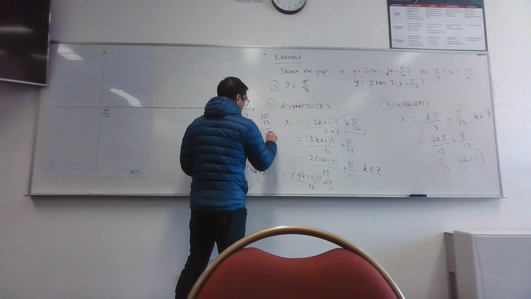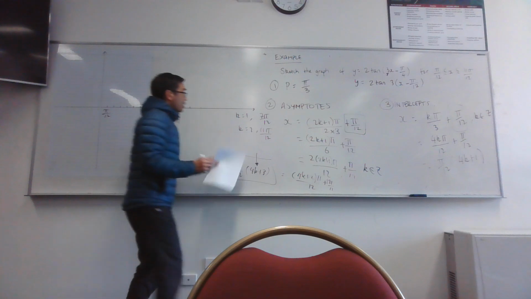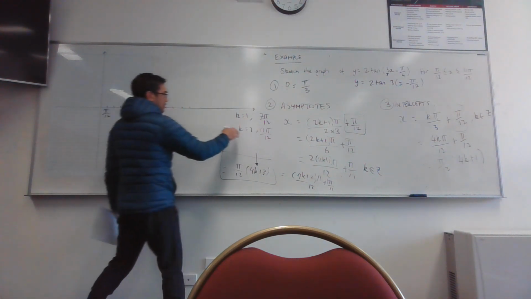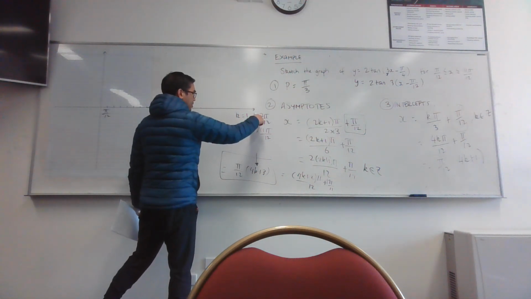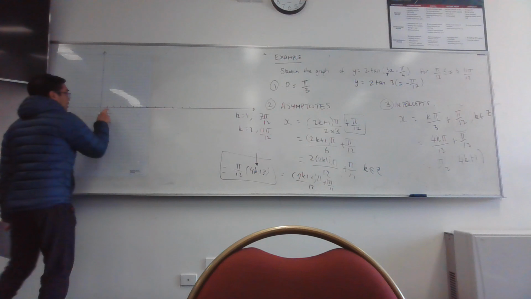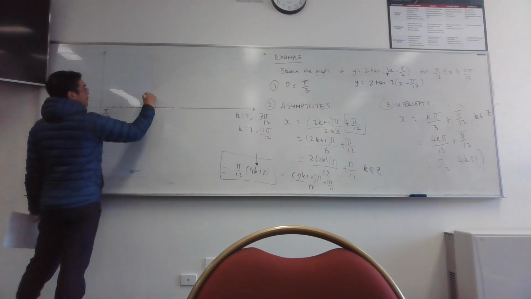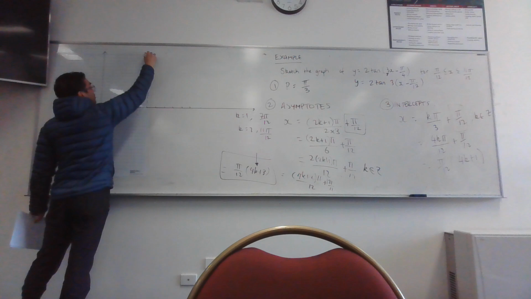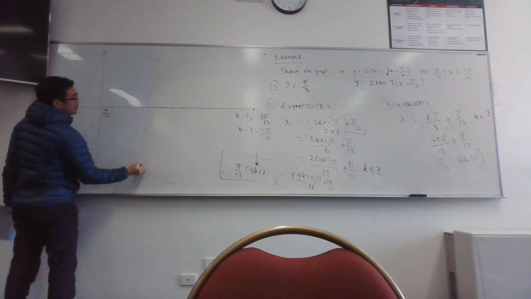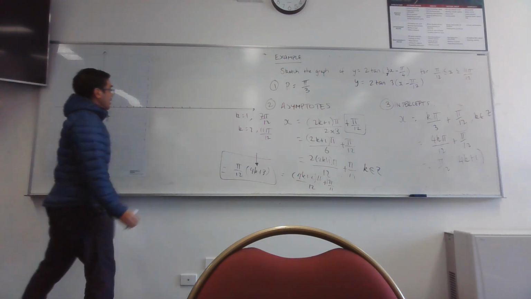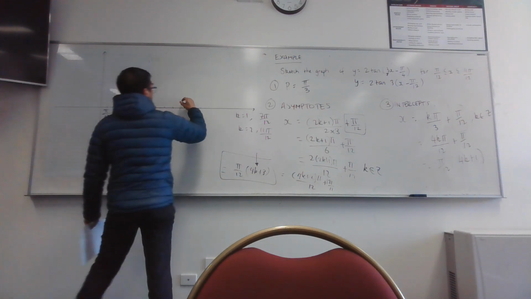Thank you. Okay. So now I've got to look for a 7 pi on 12 and an 11 pi on 12. So 1, 2, 3, 4, 5, 6, 7. That's an asymptote. And now look for my 11 pi on 12, which should be about here.